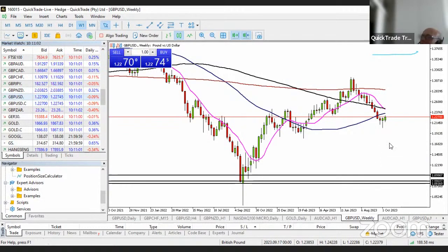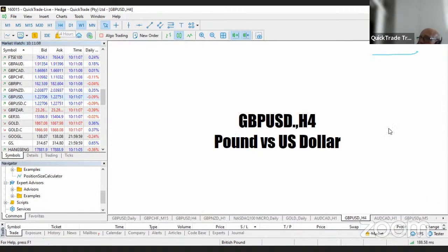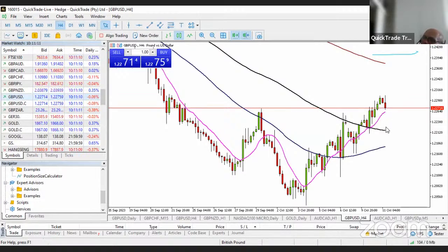On the weekly, clearly on top of it, in the weak zone, all of them. Now we can try the 4 hour. It's in the middle zone. It's the neutral zone between the 200 and the 50. So it's the neutral, and it's come down to a bit of support in the 4 hour.